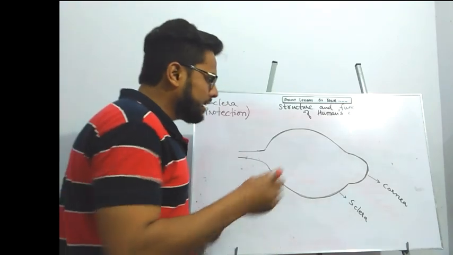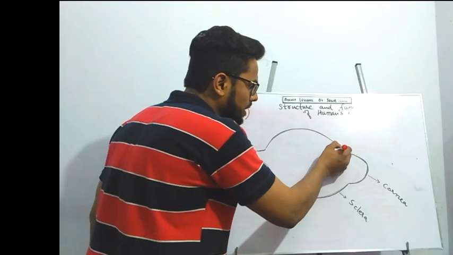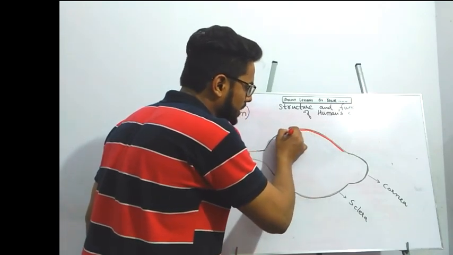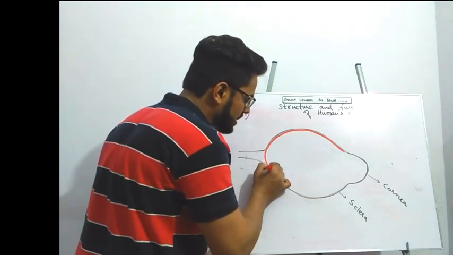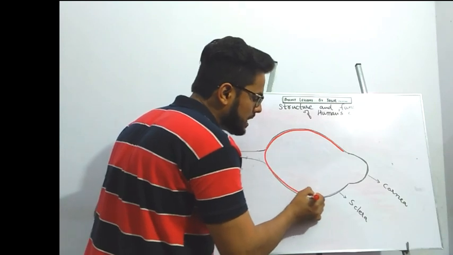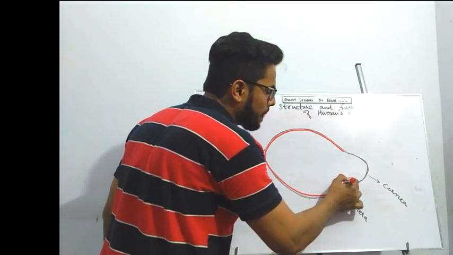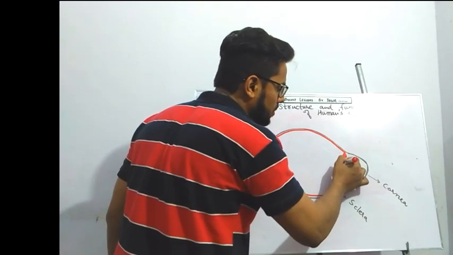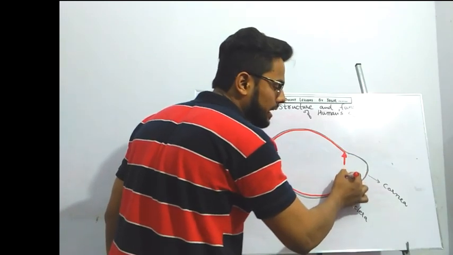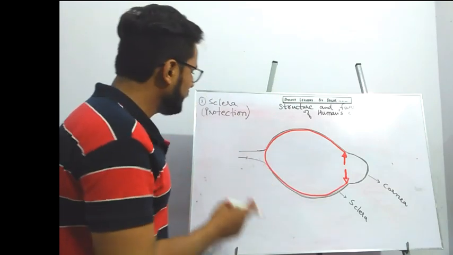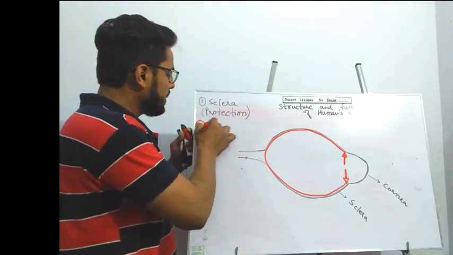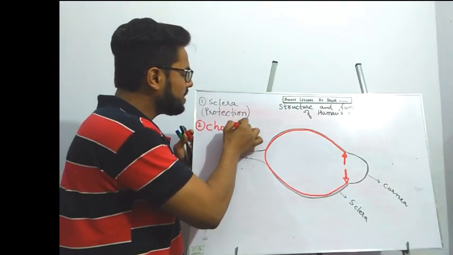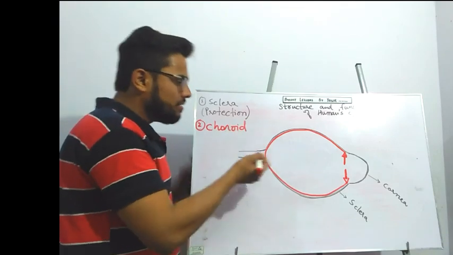And the second layer, which is present after the sclera, is called the choroid. Just below the sclera, there is the choroid. The choroid is a vascular layer.